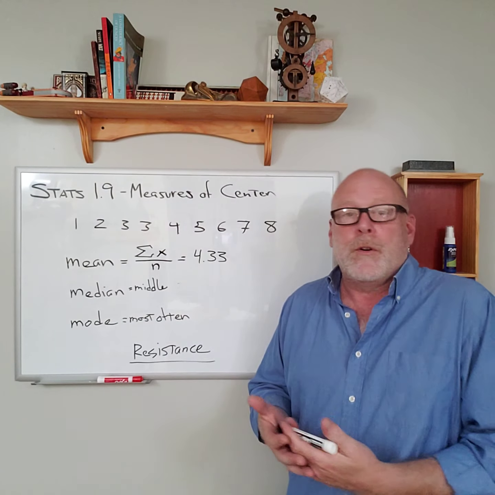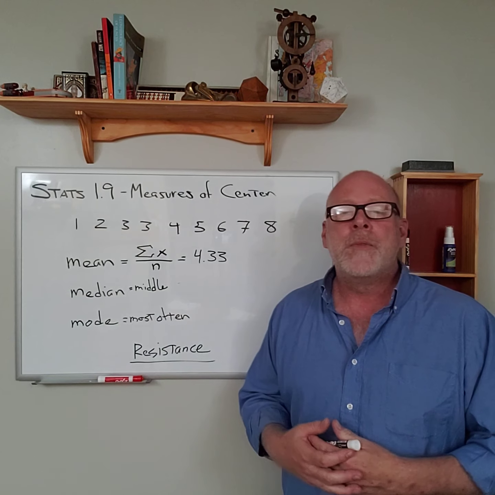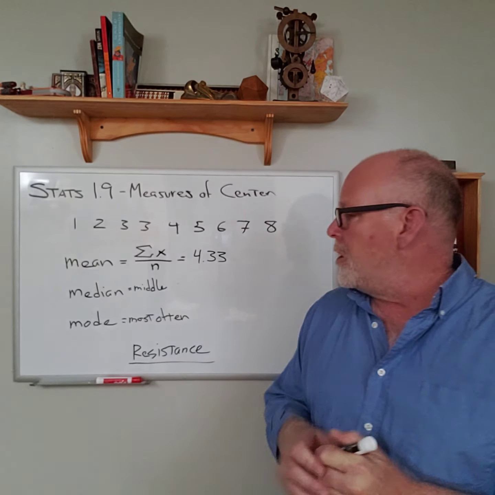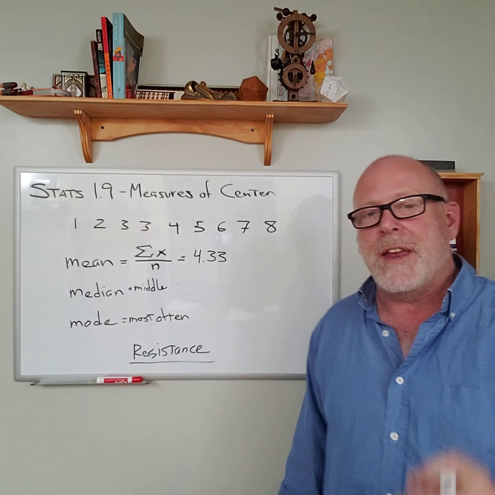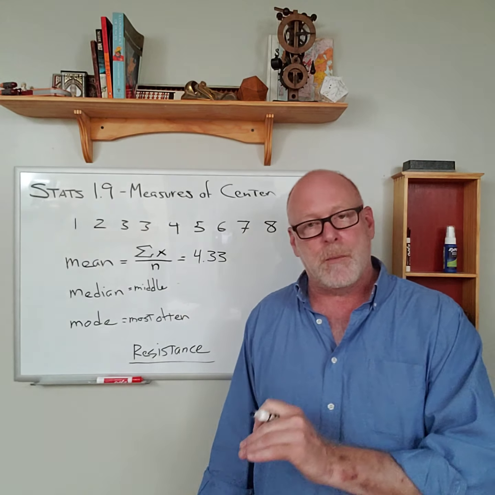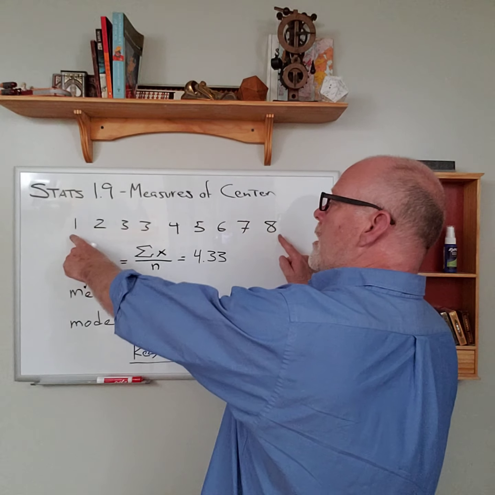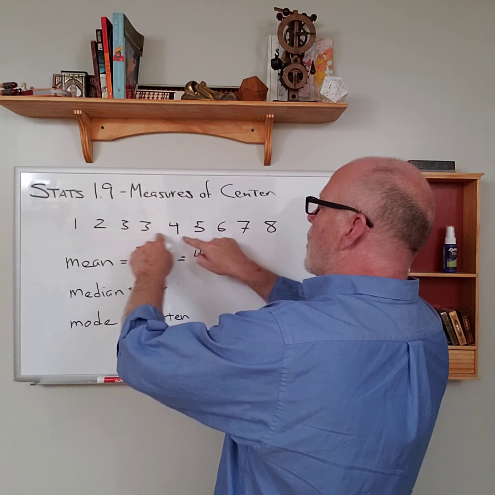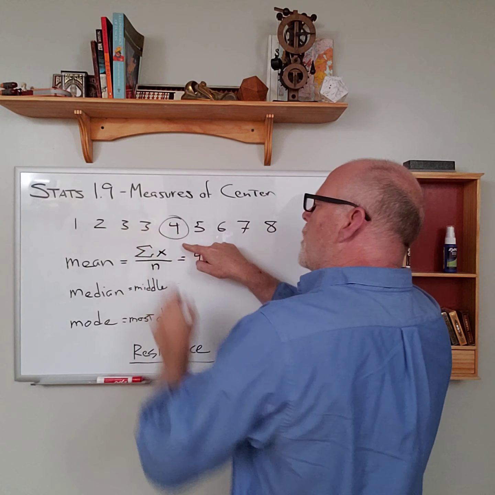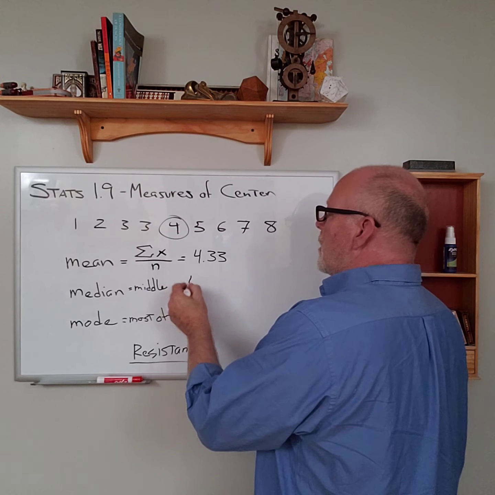That's the easy one. Look, they're all easy, but that's the one you already know. The median is also easy. It's just the one in the middle. Strictly speaking, it's the one that half of them are above and half of them are below. But if we have an odd number like we have here, we have 9, we can count in 1, 2, 3, 4, 5, and we've got this one in the middle here. That's our median.